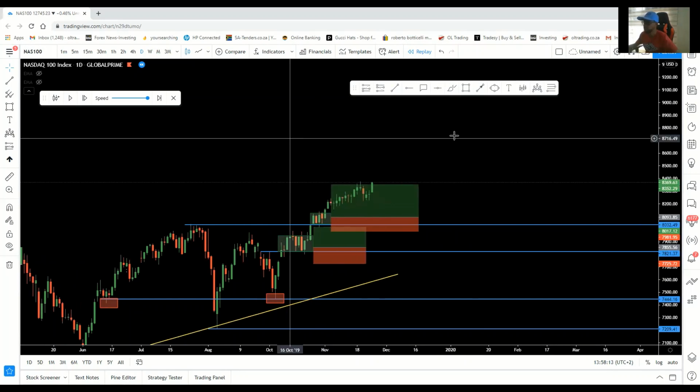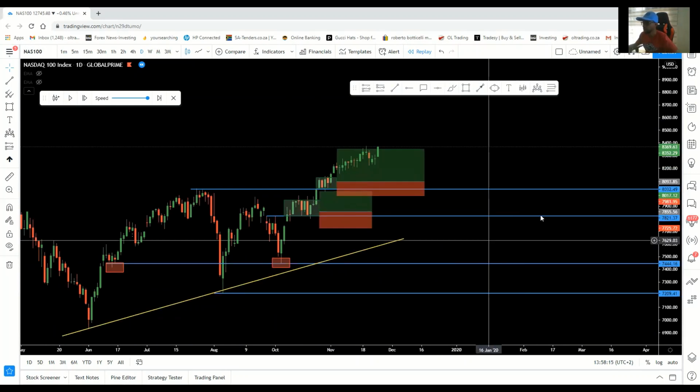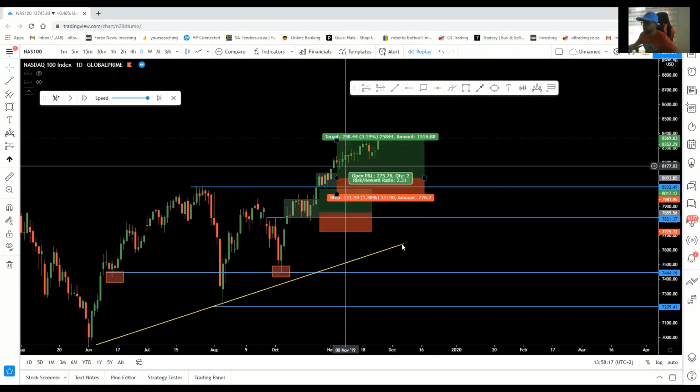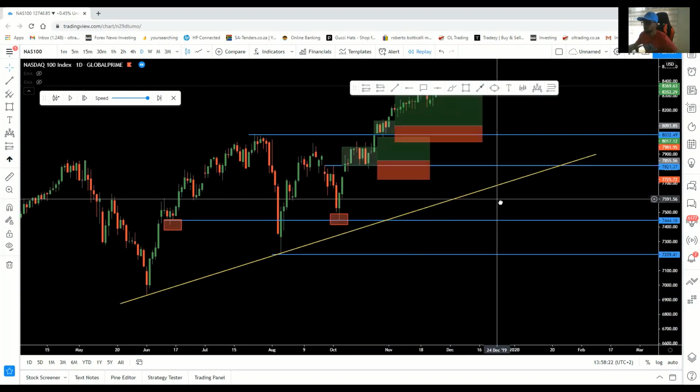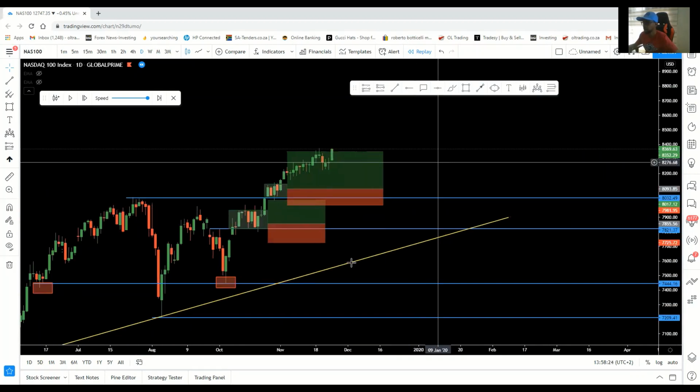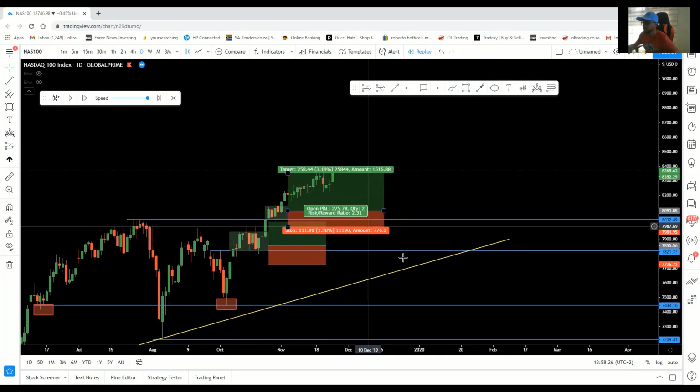So at this point, you can see what we're currently having. You are having price moving up and further away from the trend line.